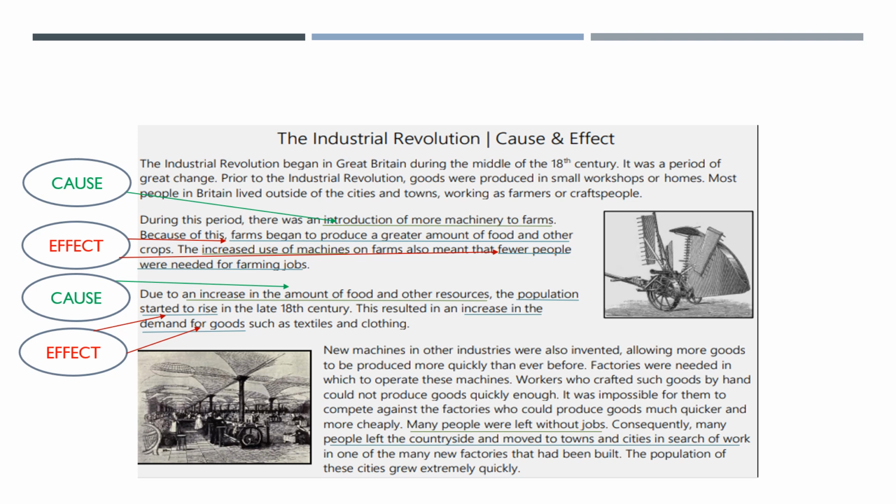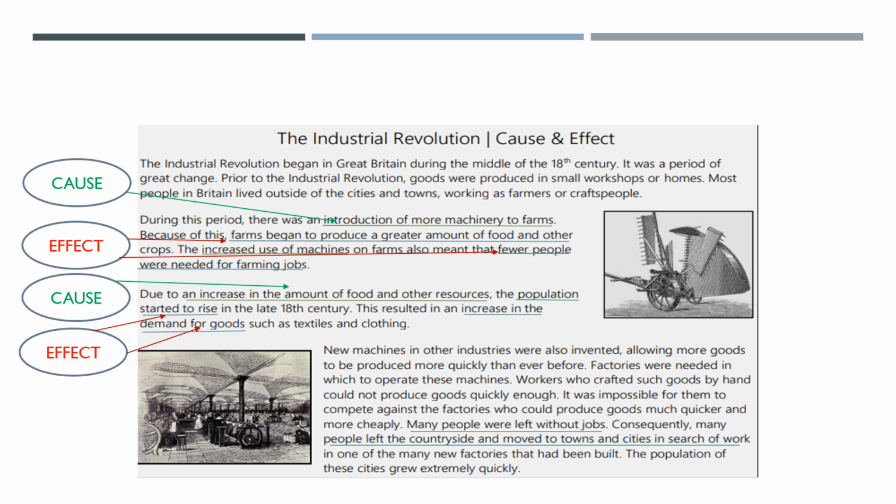Most people in Britain lived outside of the cities and towns, working as farmers or craftspeople. During this period, there was an introduction of more machinery to farms. Because of this, farms began to produce a greater amount of food and other crops.